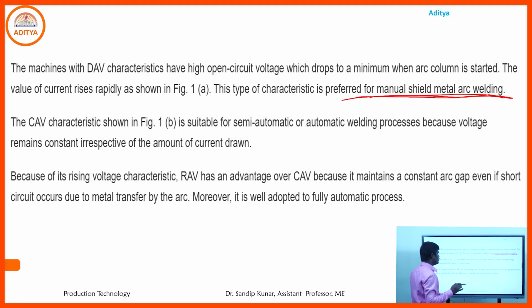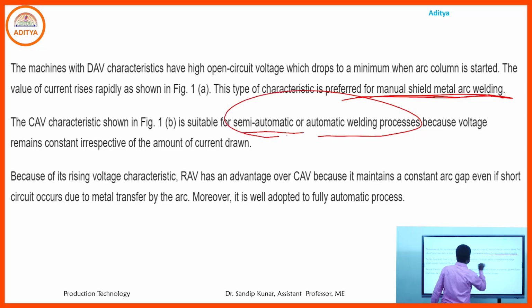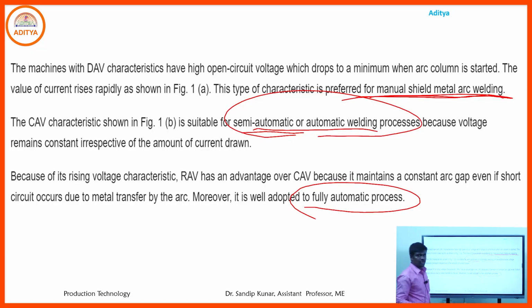Second one, constant arc voltage, that voltage current power source is applicable in case of semi-automatic or automatic welding processes. Third one, rising arc voltage, will be applied to fully automatic processes.